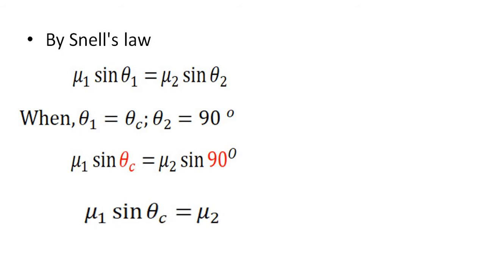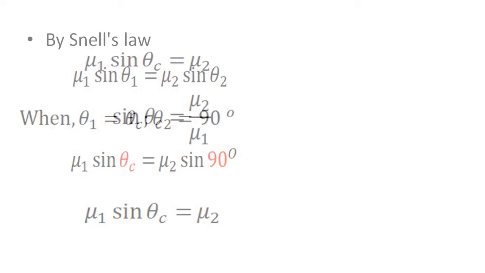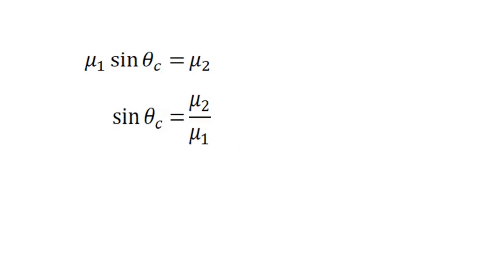The value of sin 90 is equal to 1. So, mu1 sin theta c is equal to mu2. Or, sin theta c equals mu2 by mu1. Theta c equals sin inverse of mu2 by mu1. It is the equation for critical angle.